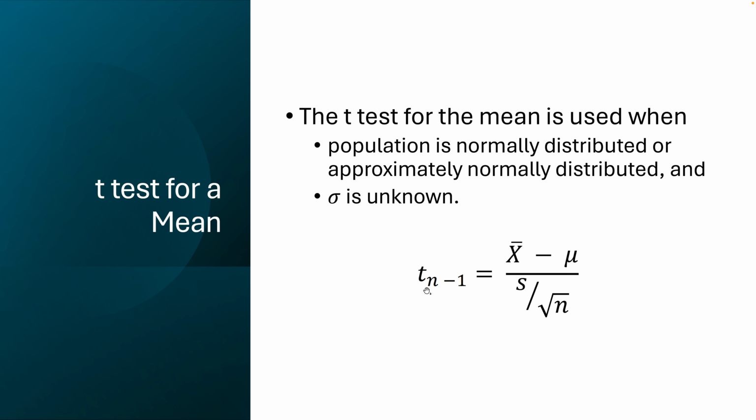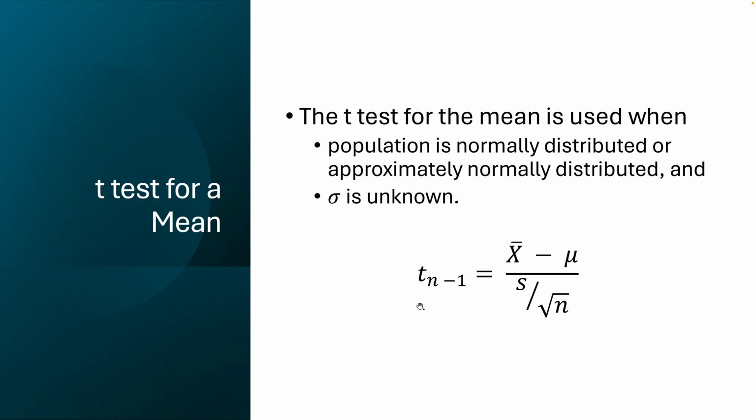And we know that the t distribution is a family of curves. For infinite degrees of freedom, it becomes normal. But practically, for a size greater than 30 or even close to 100, the values from the t statistic and the z statistic are one and the same.